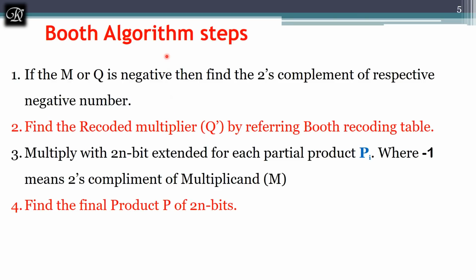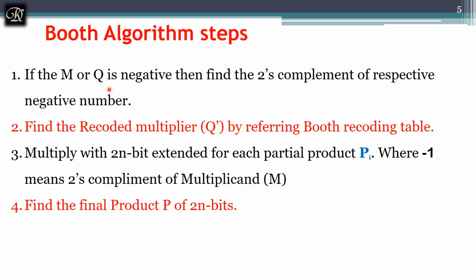Let's see the steps. There are 4 basic steps, simple steps which are easy to apply in a given computer. First, we have to check whether M or Q, that is the multiplicand or multiplier, is negative. Then find the 2's complement of the respective negative number. Why do we have to find the 2's complement?